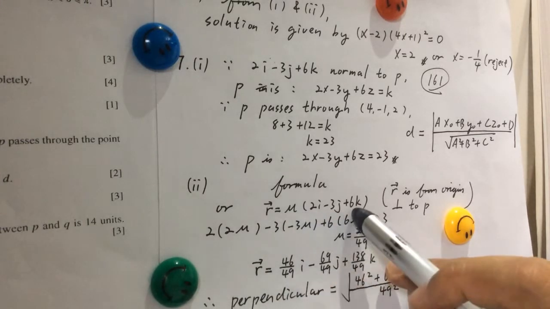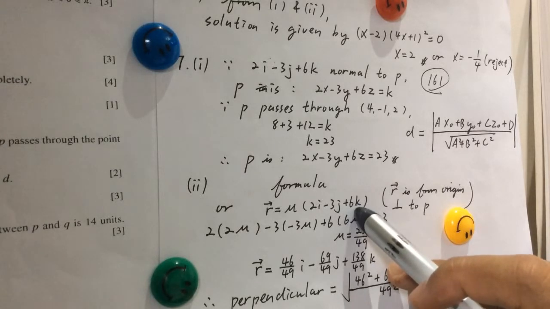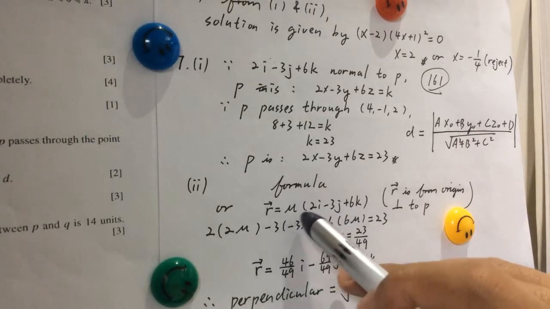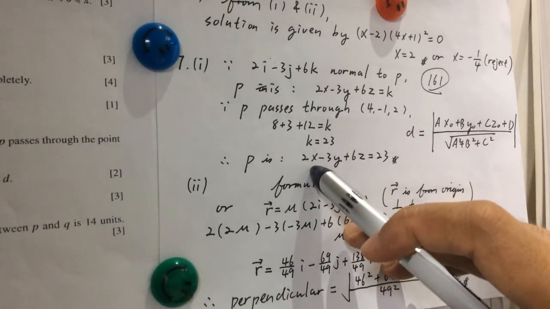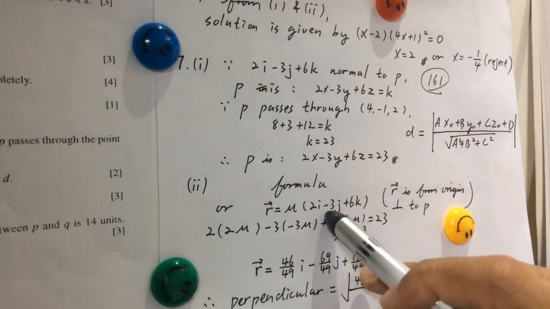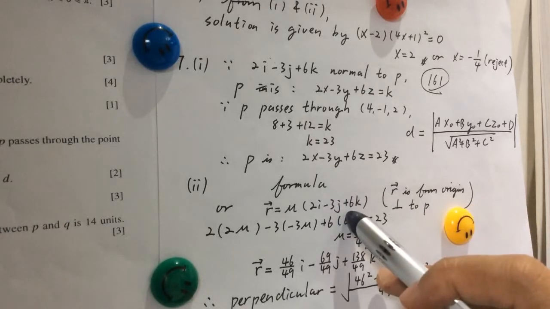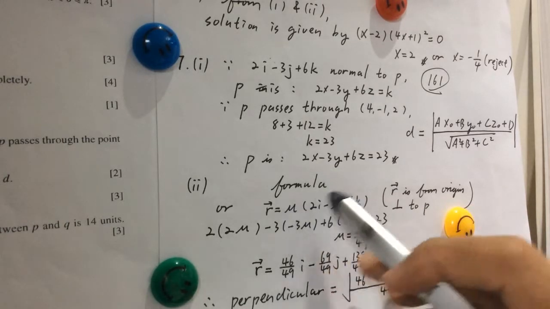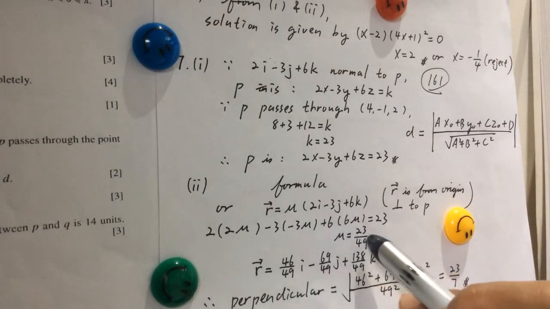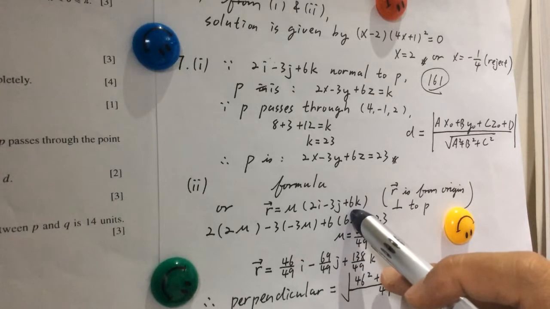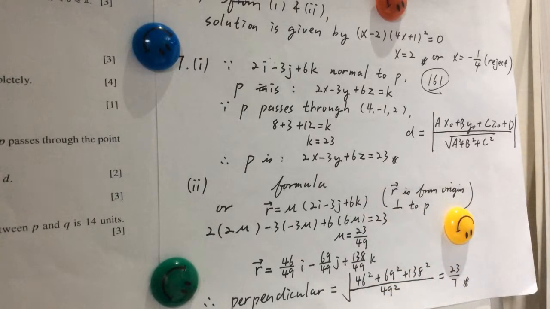Because the point is located on the plane, we put 2 mu, -3 mu and 6 mu into the equation of the plane. It satisfies the equation of our plane because this position vector represents the perpendicular distance from the origin to the plane.